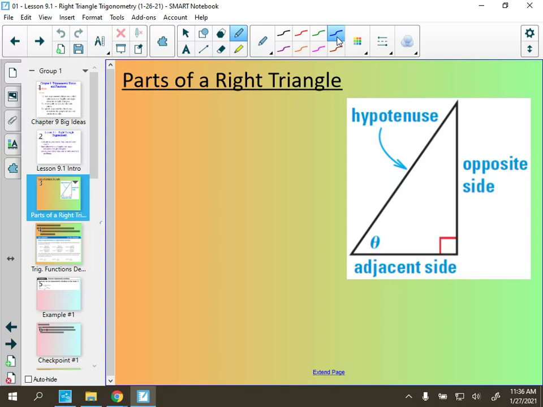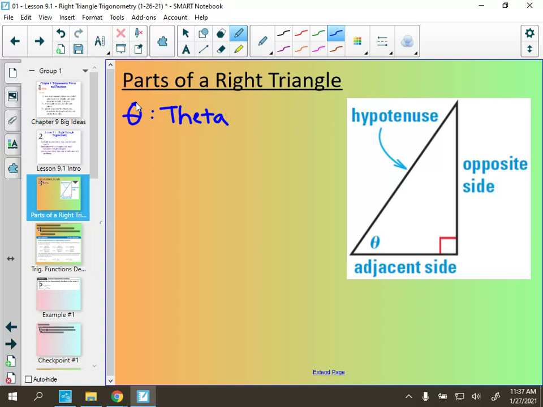So first note section you should have is what's called parts of a right triangle. Definitely we should all be familiar with at this point the hypotenuse. Right, that's the long side opposite the right angle. There's a little symbol going on here called theta. It's a Greek letter, theta.